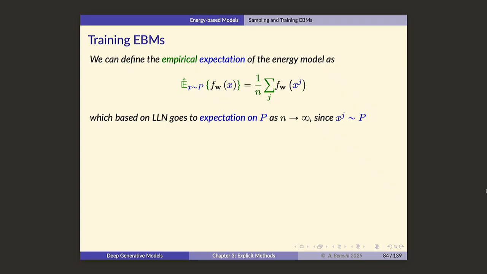Do you see why? Exactly, because all those xj's that I have here are coming from distribution p. I have sampled that distribution p, got lots of samples, and now I'm averaging over them.